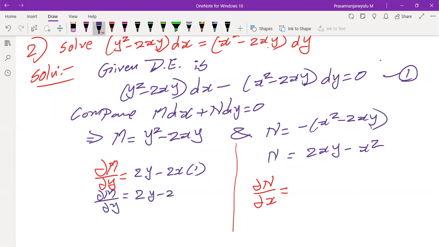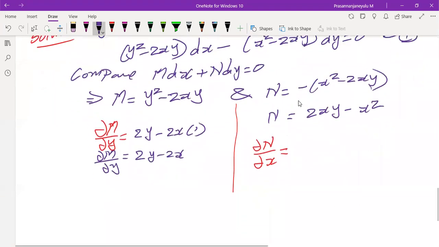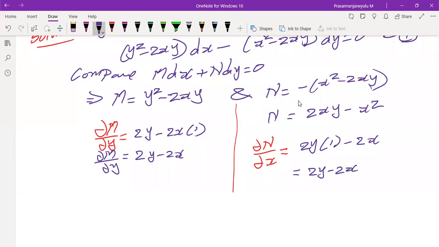2y minus 2x. And dou N by dou x: partial differentiation of N with respect to x, treat y constant. When we treat y constant, 2y is constant. Differentiation of x with respect to x is 1, minus differentiation of x square is 2x. So what we are getting? 2y minus 2x. Here also we are getting the same. So with this, what we can conclude?